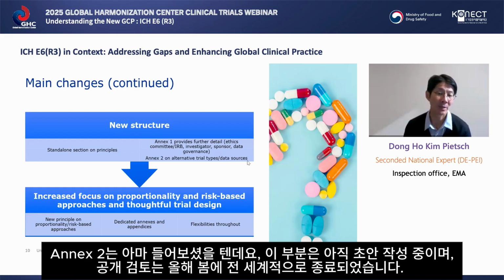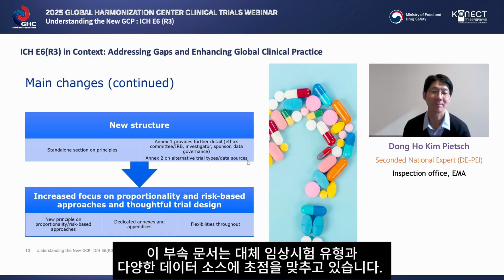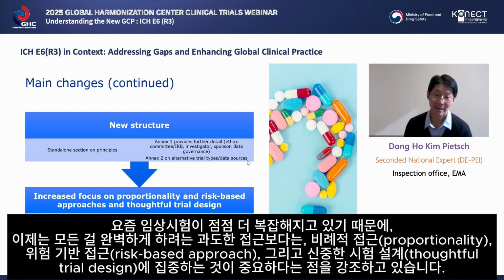The public consultation period ended in all regions in spring earlier this year, if I'm not mistaken, and it focuses on alternative trial types and data sources as well. Here the focus is that trials are getting more complex. So instead of trying to do everything perfectly and over-engineering, focus on proportionality, embracing the risk-based approach and a thoughtful trial design.